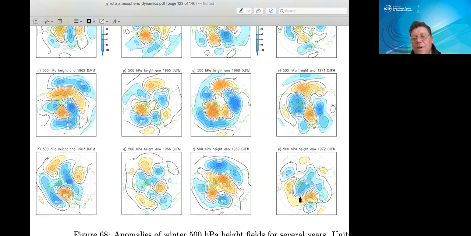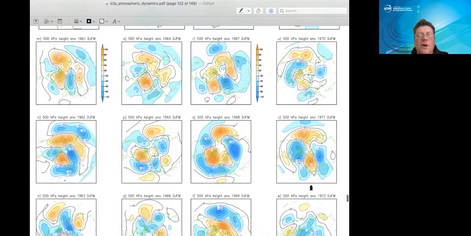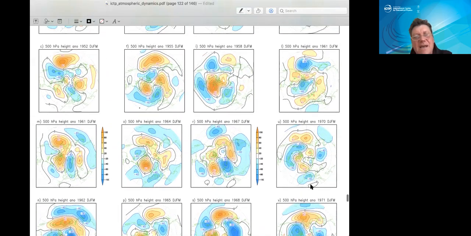This would be a warm winter because we have the warm air advected in this direction. So Lorenz found that maybe there are some recurrent, preferred patterns here. And he wanted to analyze this systematically.